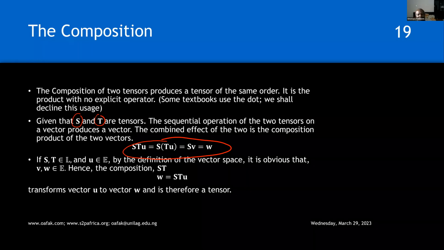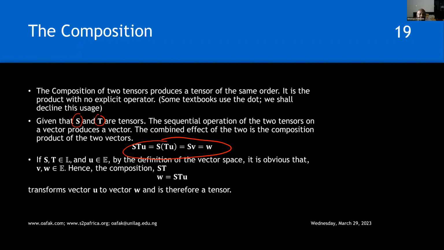That is called the composition. If S and T are tensors and U is a vector, then by definition of the vector space, it is obvious that the composition ST will produce a vector W, which transforms a vector U to a vector W. Therefore, the composition is also a tensor of the same order. So ST is a tensor which operates by first of all operating T, then operating S.